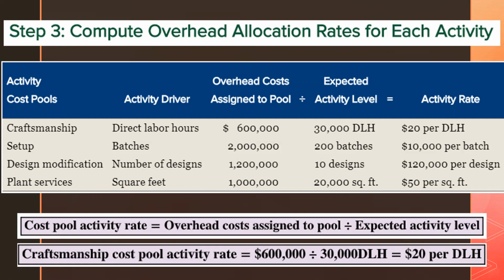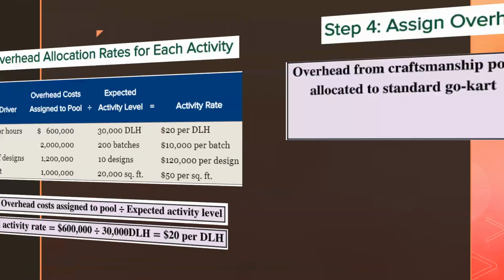Then we get plant services. We're basing it on square footage. The plant services are going to cost a total of $1 million divided by 20,000 square feet. So we are going to allocate it by $50 per square foot. It probably takes one type of go-kart more square footage in the factory than the other to produce.